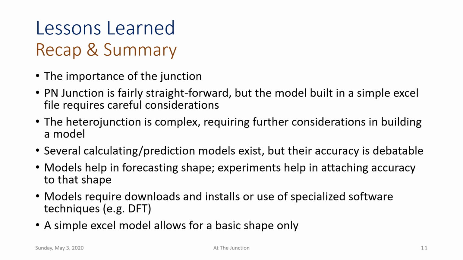Okay, so we have seen the importance of the junction, its formation, its content, which is the charge, electric field, potential, and this leads to the energy band diagrams. We saw the p-n junction, which is fairly straightforward, but when we want to build a simple Excel model, we have to make some careful considerations.